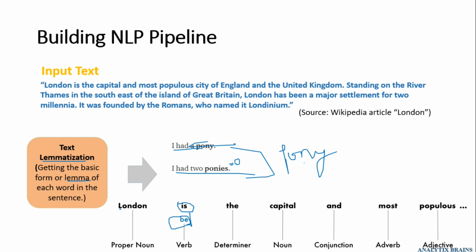So if you do the lemmatization of this sentence, it will convert into this form. Is will reduce to be, and wherever you have s or ly at the end, that will be reduced to the base form.